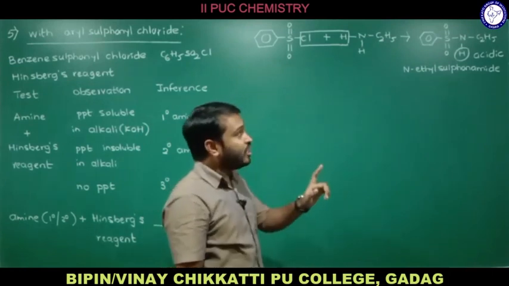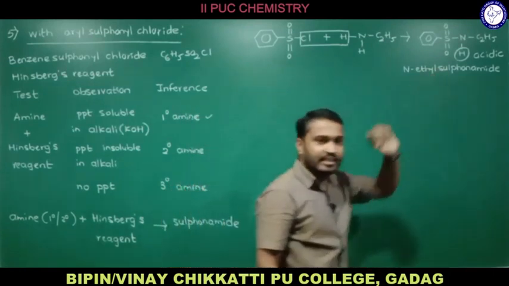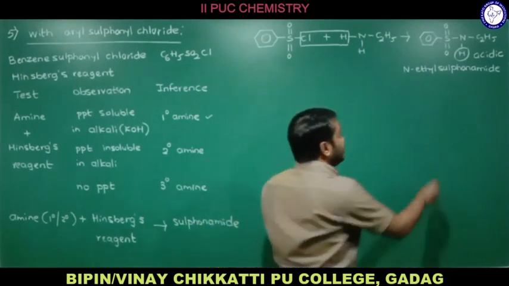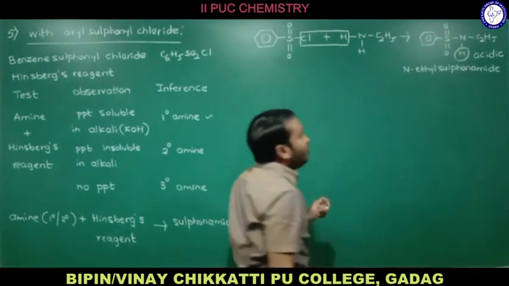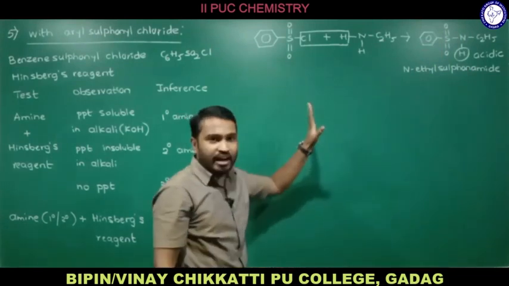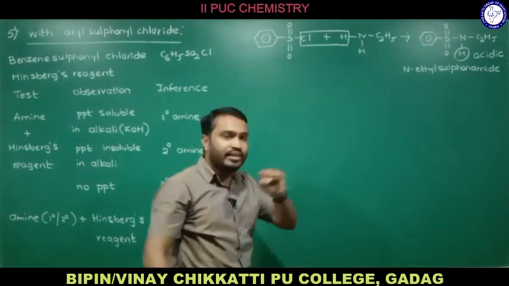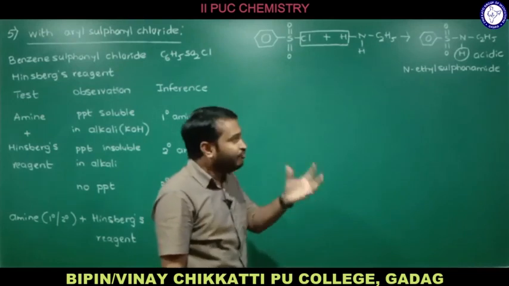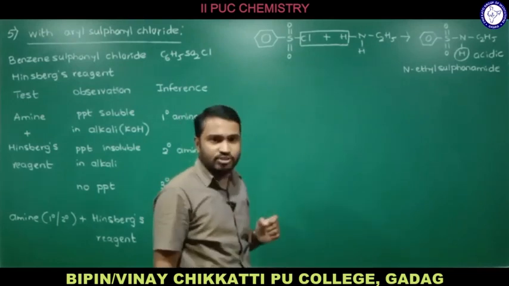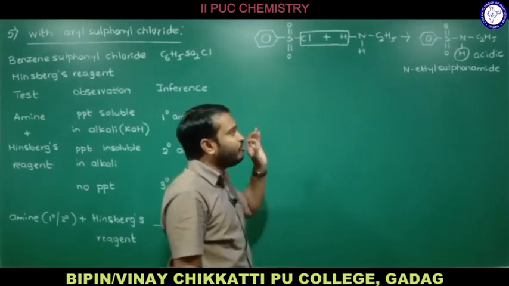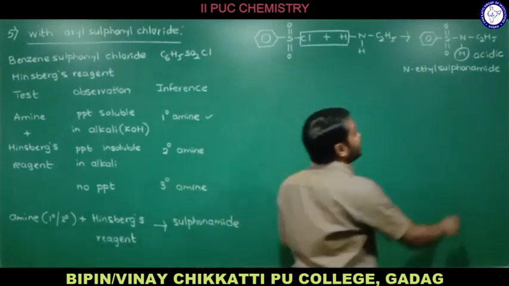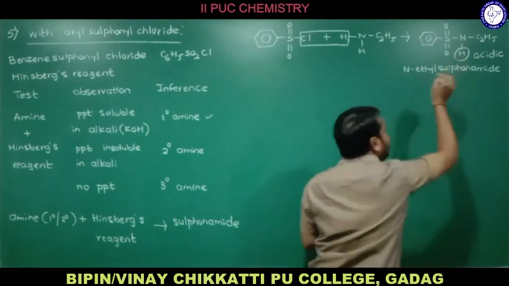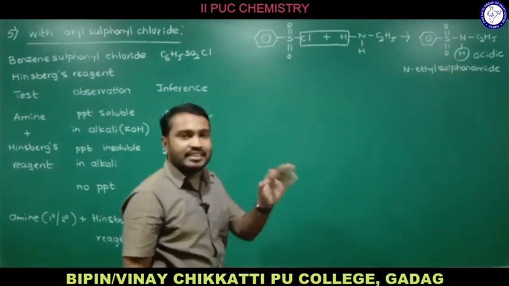And one more question arises, why is this hydrogen acidic in nature? Since we have a sulfonyl group here, C6H5 SO2, that is electron withdrawing in nature, it withdraws the electron present on the nitrogen. Because of the presence of the electron withdrawing sulfonyl group, the hydrogen which is directly attached to nitrogen is acidic in nature.